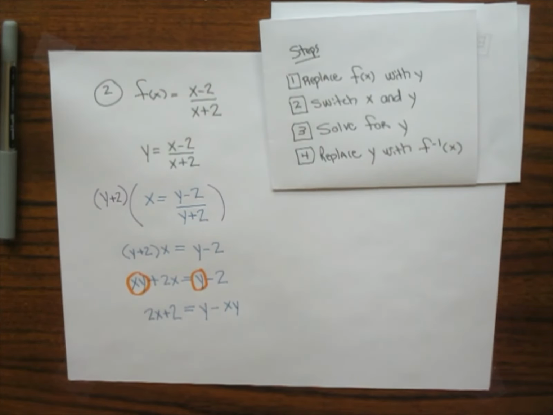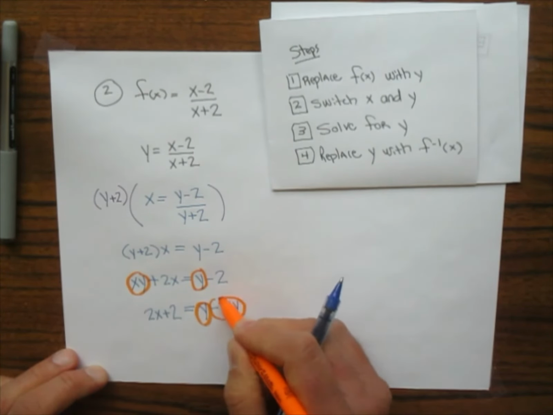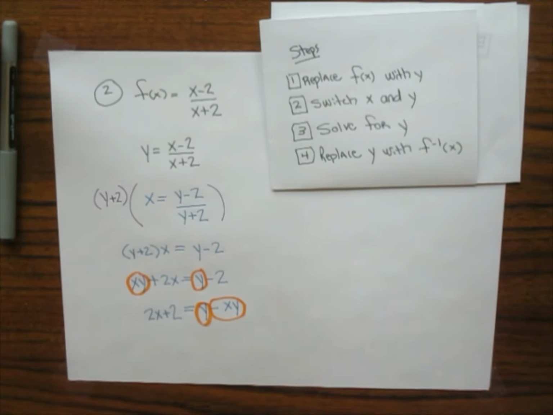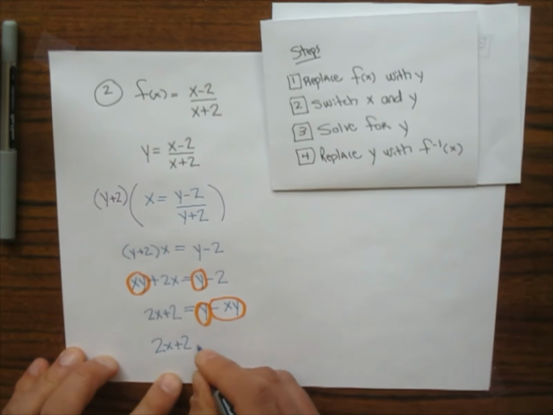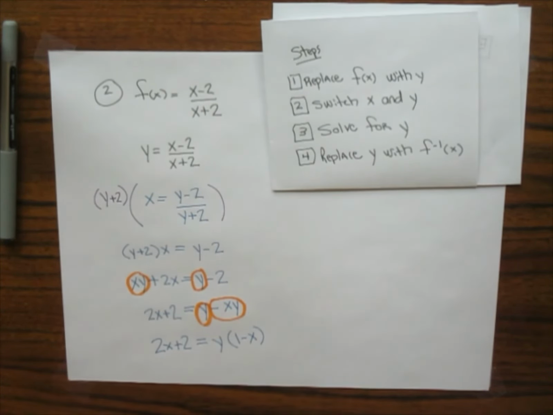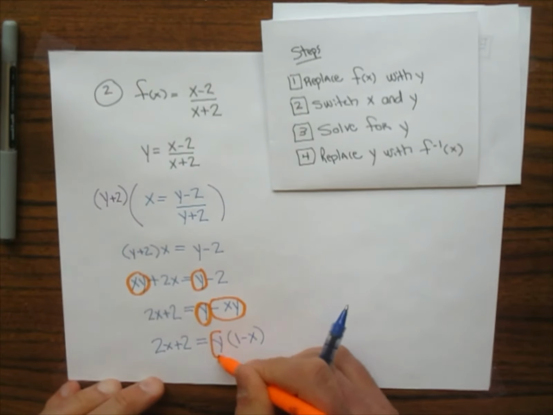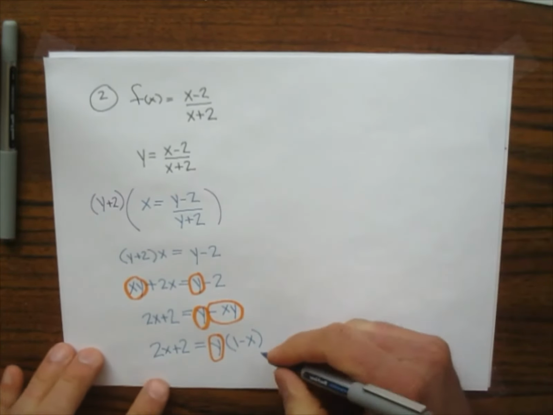Okay, the reason we do that is so we can factor out a y so we can solve for it. 1 minus x. So I have solved for y there, almost. Okay, I'll move these rules because I need more space.